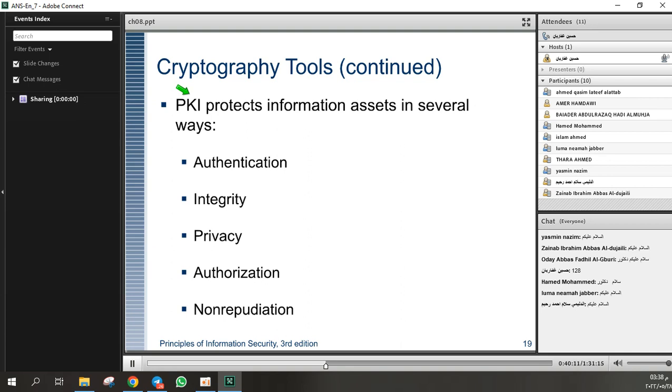So when we are talking about PKI systems, we can see that PKI systems can present authentication, integrity, privacy, authorization, and non-repudiation. They can present 5 different security benefits for me. Authentication means that I can use PKI to validate the identity of the parties. Integrity means that no one can alter the messages.